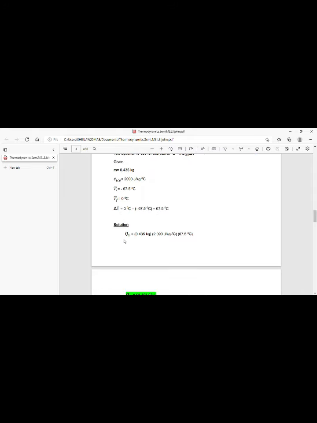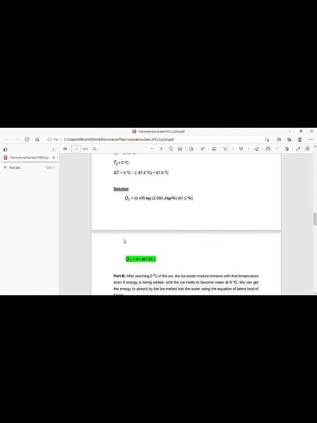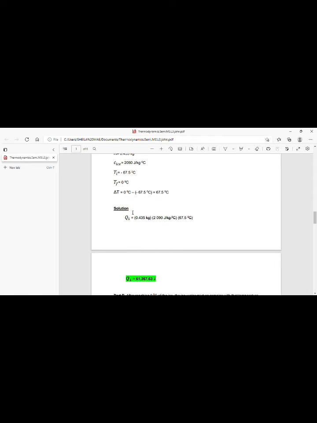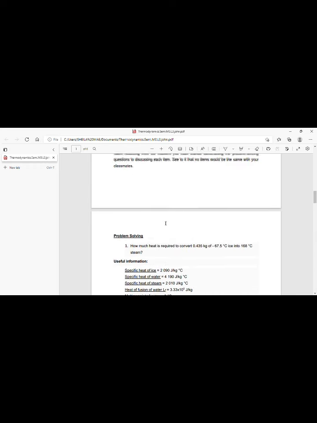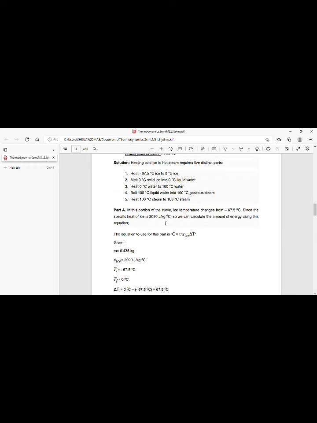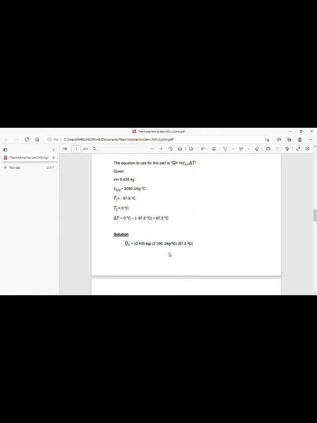Our solution to problem number 1 is equal to 0.435 kilogram times 2090 joules per kilogram degree Celsius times the change in temperature, which is 67.5 degrees Celsius. So we can calculate the amount of energy.